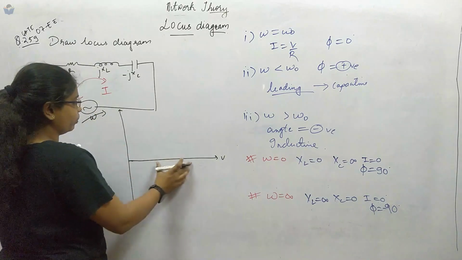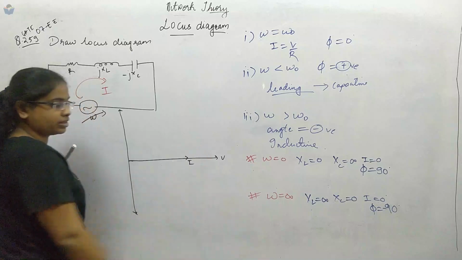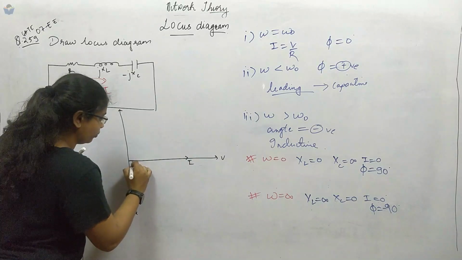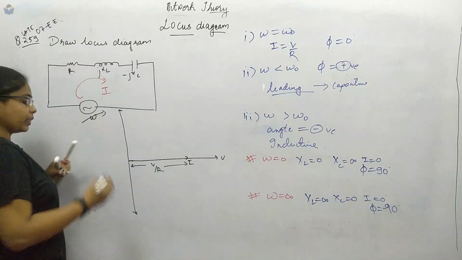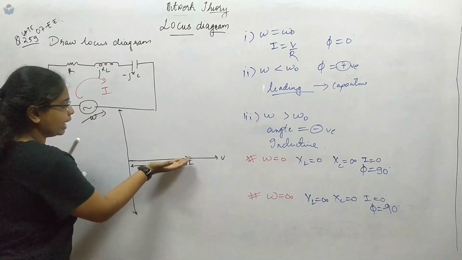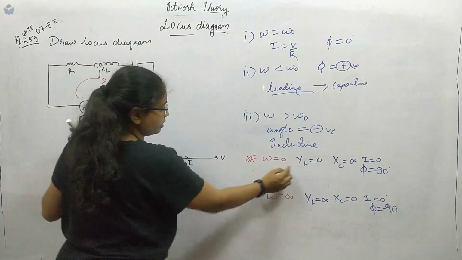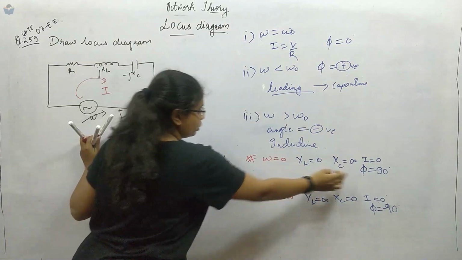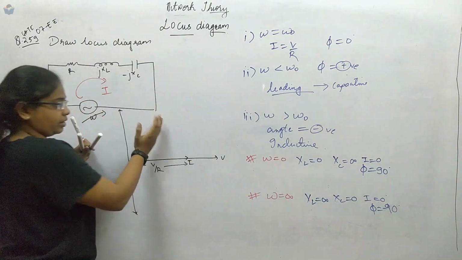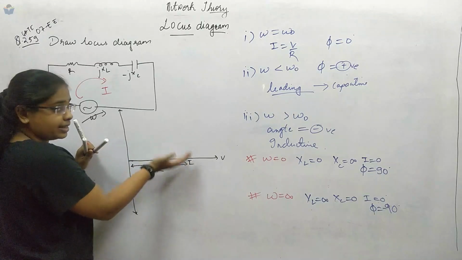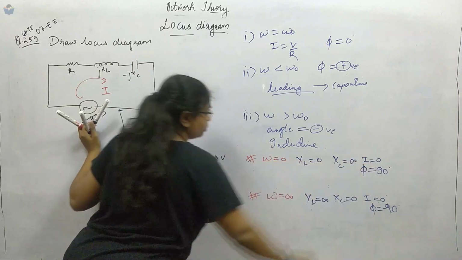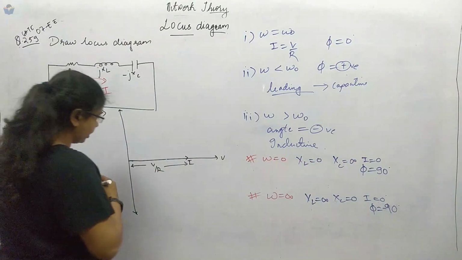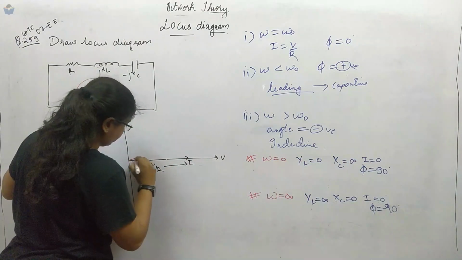At omega equal to omega naught, we have a pure resistor, and the magnitude of that is V by R. Now as omega goes from 0 to 90 degrees, the angle is increasing, but the magnitude of the current is decreasing. It will come to 0 degrees. So I can draw this over here like this.